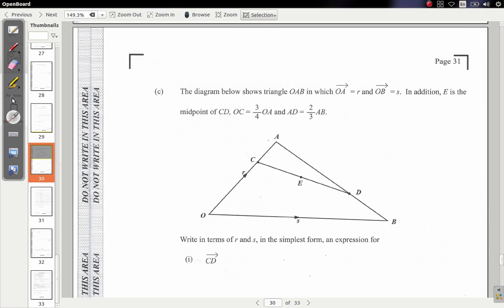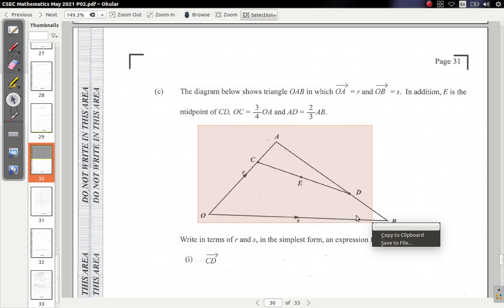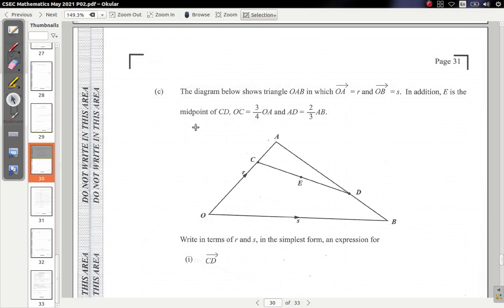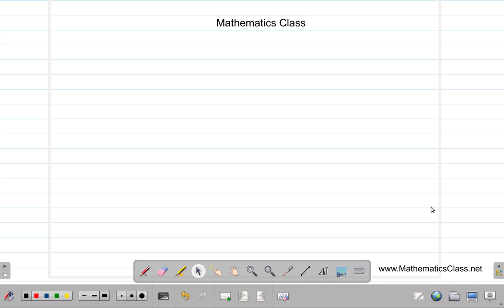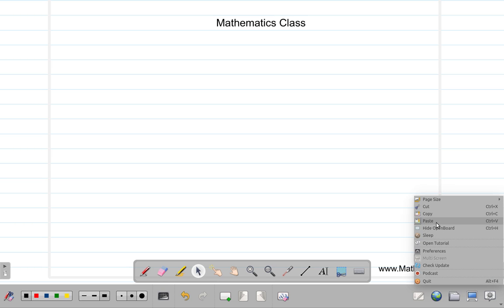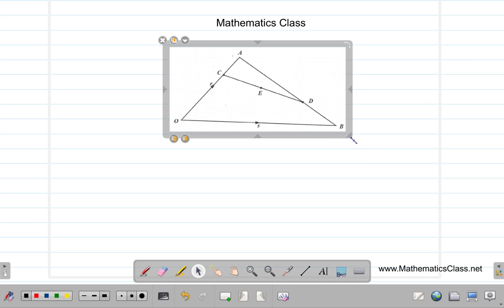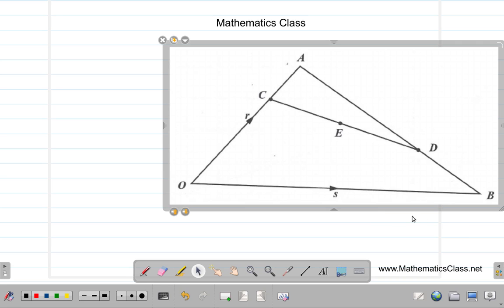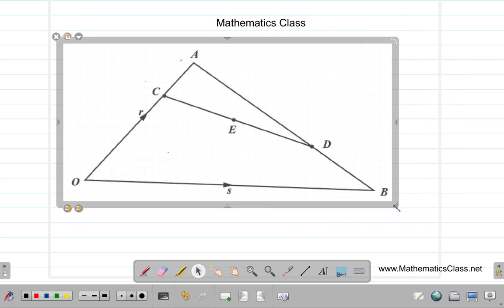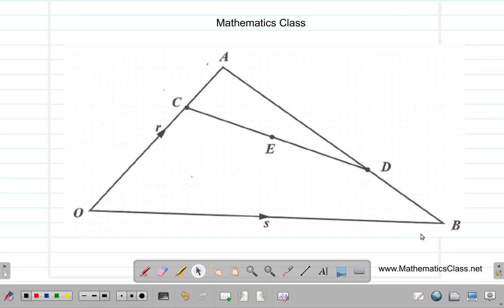Alright, I'm going to copy certain things and put them over on the next screen. I'm going to copy the diagram and put it over here, and magnify it.